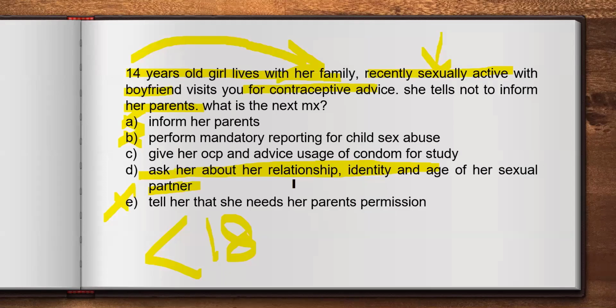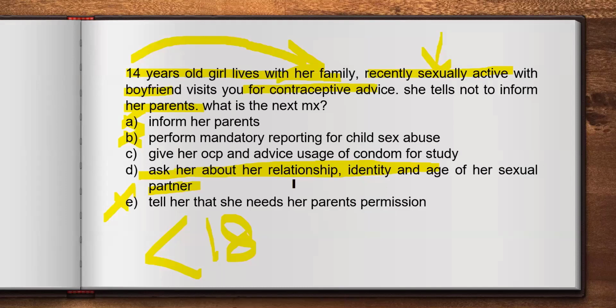So very, very important: anytime someone less than 18 years old is having sexual activity, the first thing you need to know is the identity of the partner, the age of the partner, and if there is any other relationship, like a guardian, a teacher, or a trainer. Any of these cannot have a relationship, and at that time you need to do the reporting.